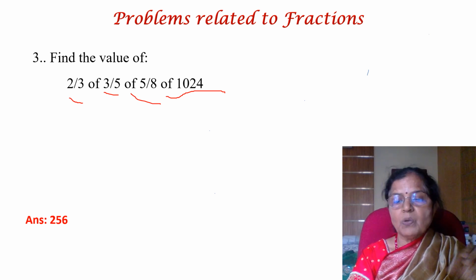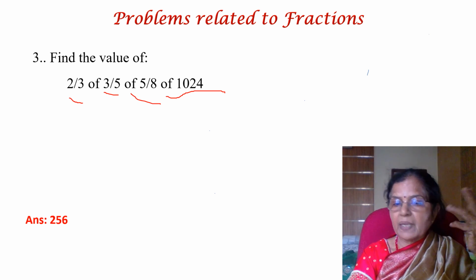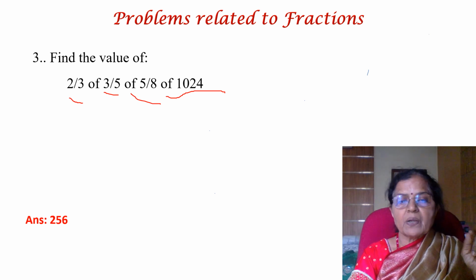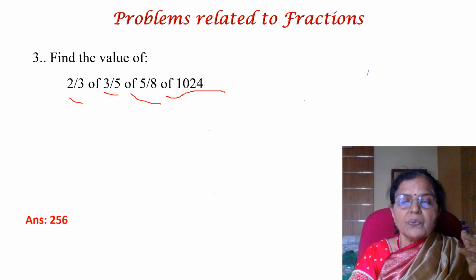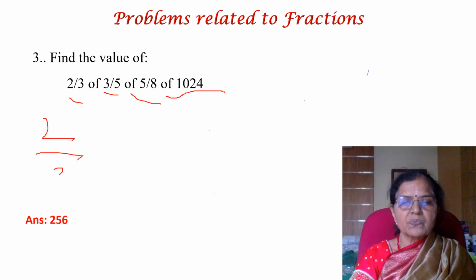So it's a compound fraction where you have a fraction above, a fraction below, or both, or either one in the numerator or denominator. So you can rewrite this like this: 2 by 3 of 3 by 5.